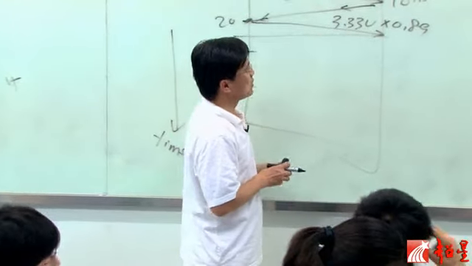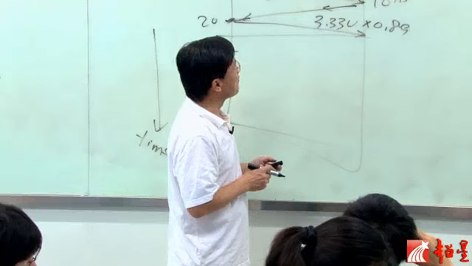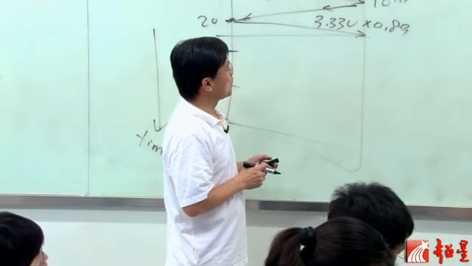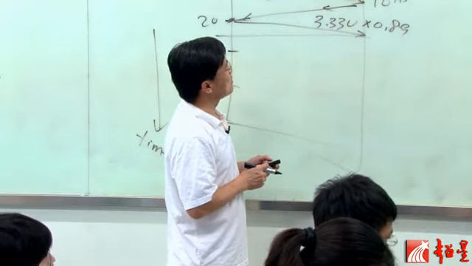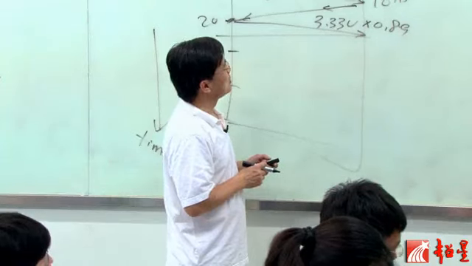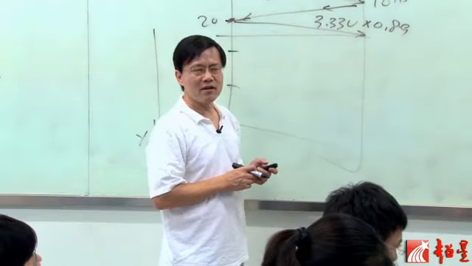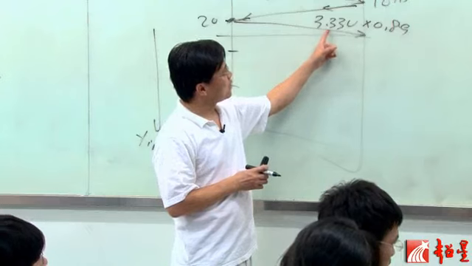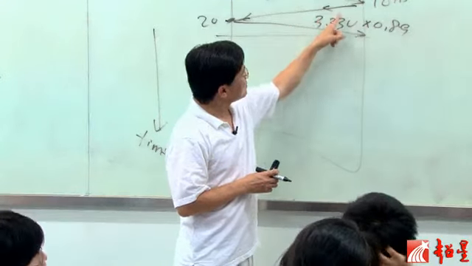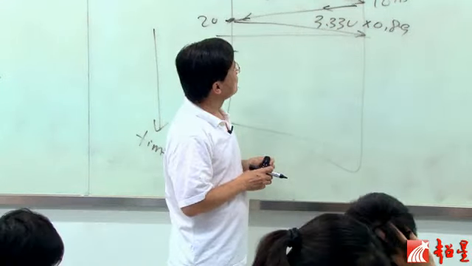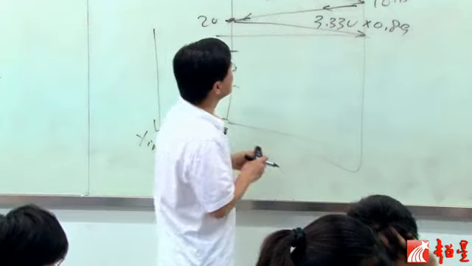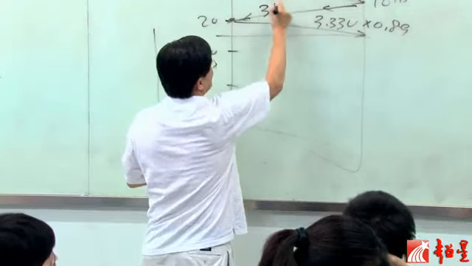What is 3.3 times 0.89? It's about 10% less, right? So it's about 3. This is close to 3 because 10% of this is about 0.33. So this is close to 3 volts.